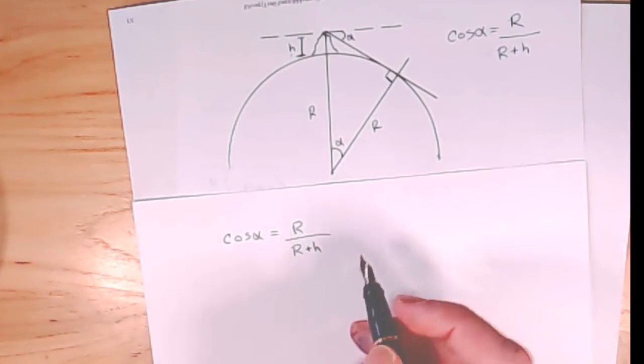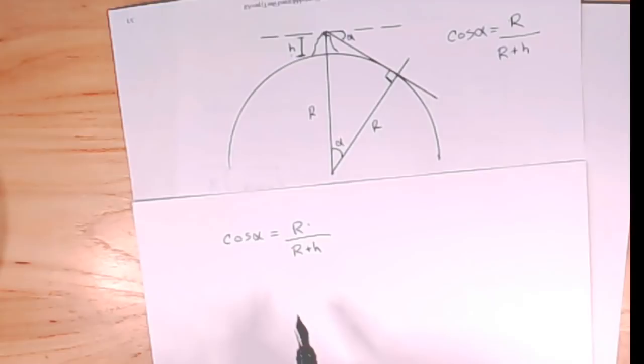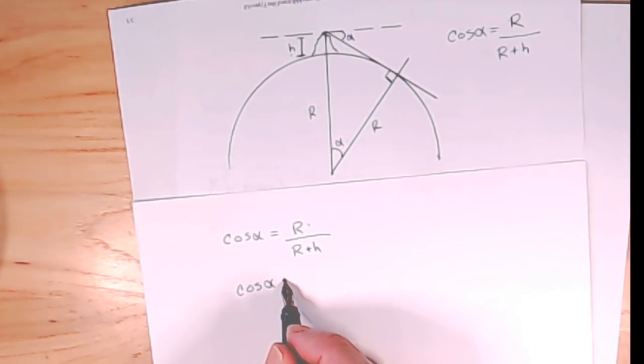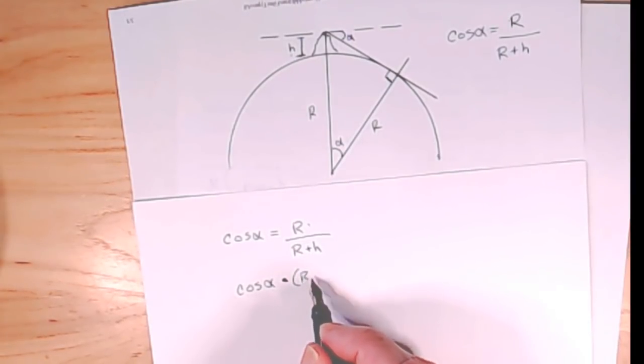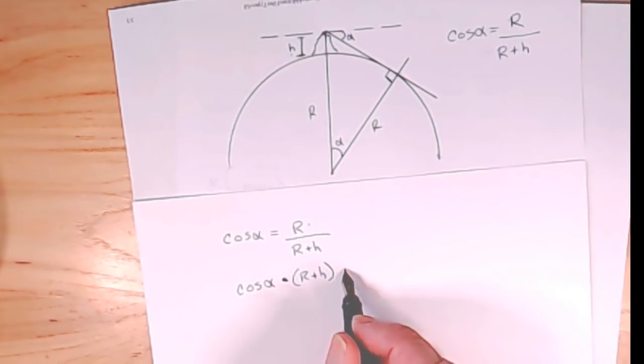Now what we want to isolate is r, so what we'll do is we'll take cosine alpha times r plus h equals r.